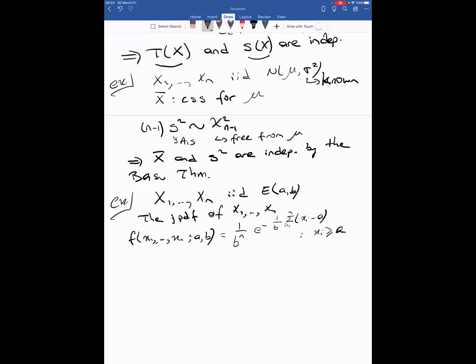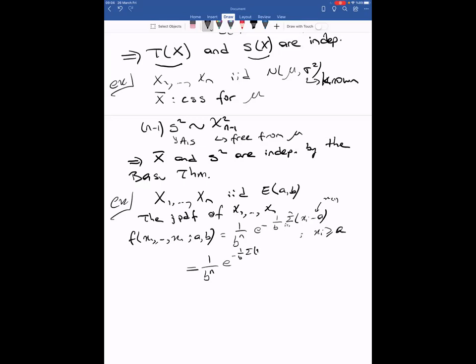Okay, so let's try to write it this way. As you can see here, if you remember, the complete sufficient statistic for a is the first order statistic. Then if we use that fact, and we add and subtract the first order statistic, let's see what will happen.